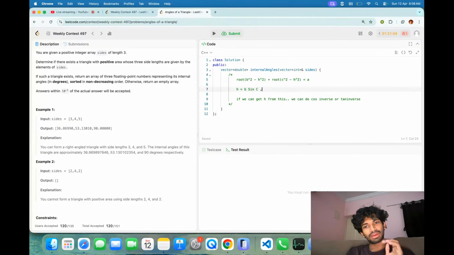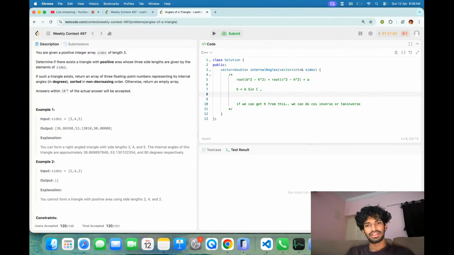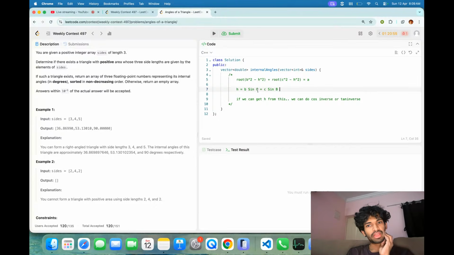See, the sine rule comes from just this: b sin c equals c sin a, c sin b. And if you get that here, sin a by sin b equals sin b by sin c equals that. And how do you find this h square? You move one that side and then you square. Then it will be c square minus h square.